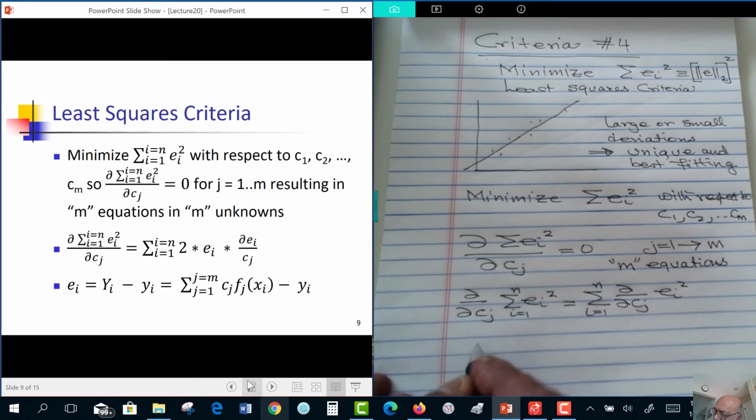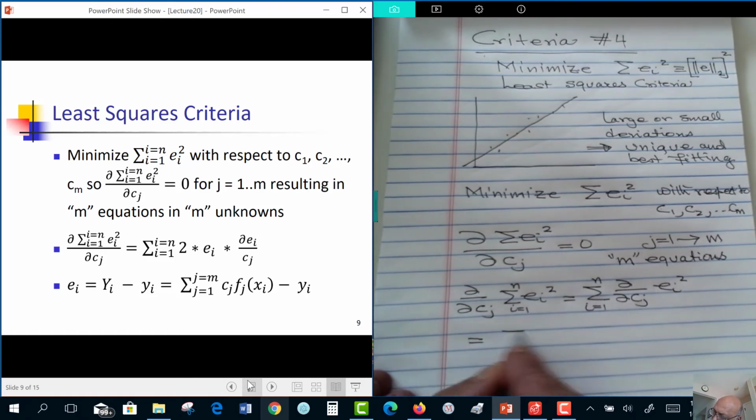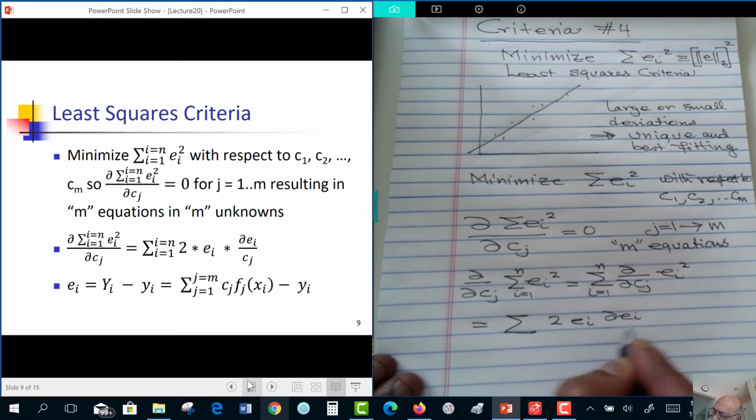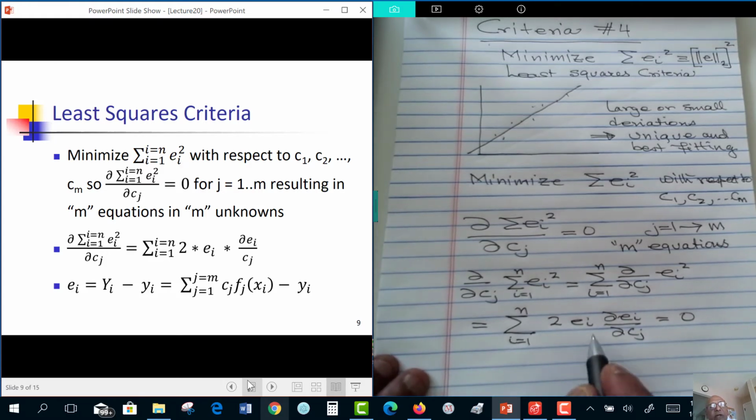So when we take derivative of this, we will get 2 ei del ei del cj, right? Equal to 0. So let's look at each of these.